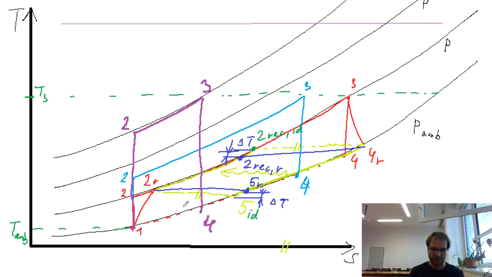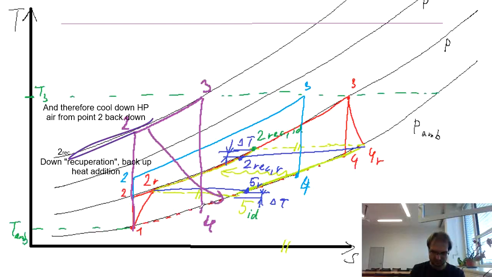So what is actually happening is that we are transferring part of the heat over here, let's say up here, before we start the rejection of the heat back into the environment. So that would be the point where it really doesn't make sense to build such cycle, but we considered it in our calculation, and therefore the efficiency of the recuperated cycle dropped below the efficiency of the simple cycle.